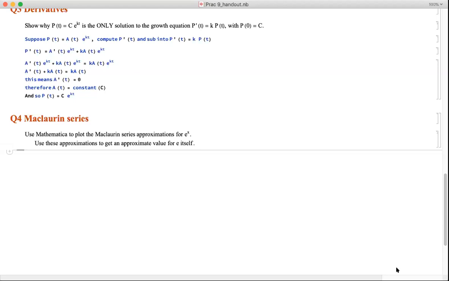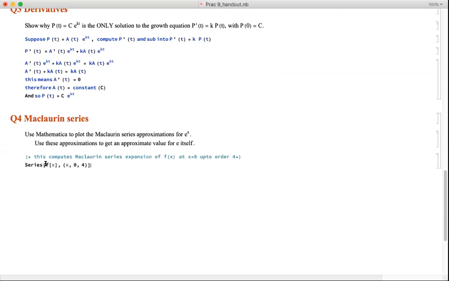Let me first show you how you can use the series function in Mathematica. Let's say you have a general function.